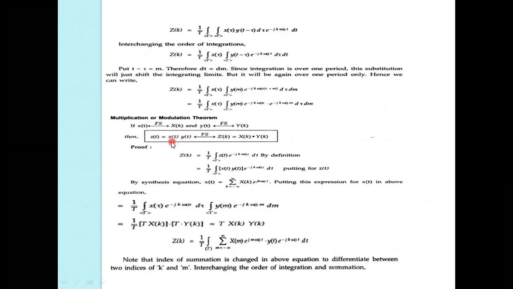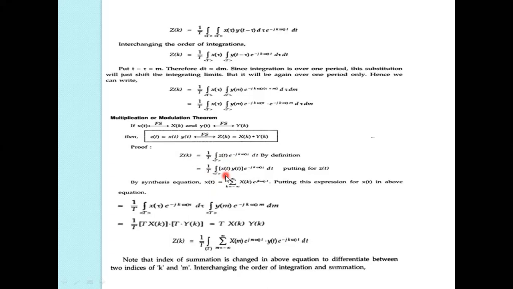Taking the product of x of t and y of t, its Fourier series is the convolution of x of k and y of k. First I take the analysis equation, z of k is equal to 1 by T, the integral over T, z of t, e power minus jk omega naught t dt.